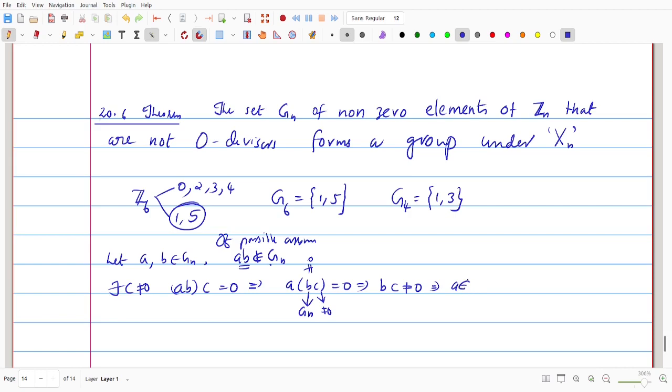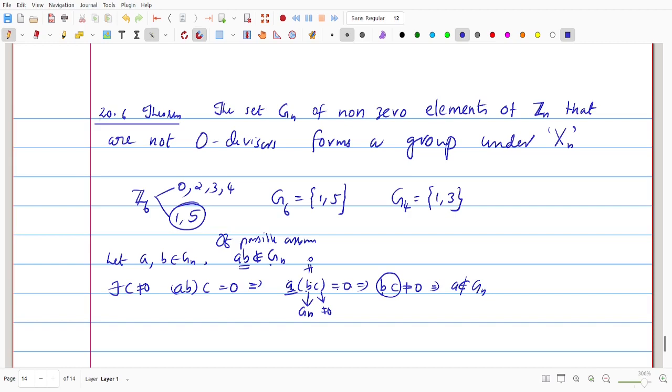A is not an element of Gn, because BC is a non-zero quantity, but if you multiply it with A, you will get A into BC equal to 0. So BC is non-zero, the product is 0, which shows that A is a zero divisor, because if you multiply A with a non-zero quantity, you will get 0.